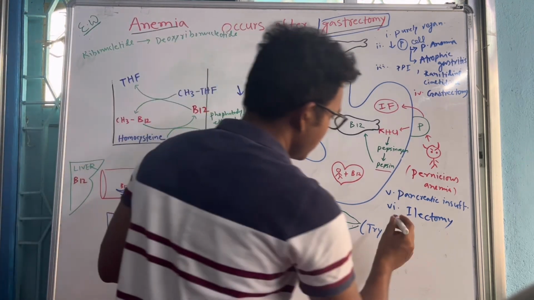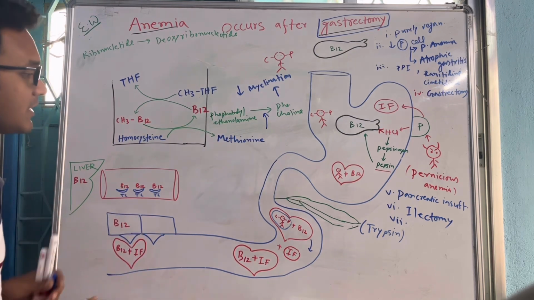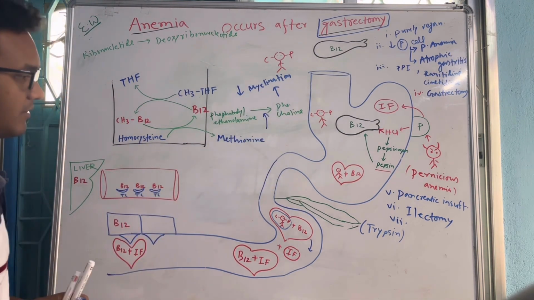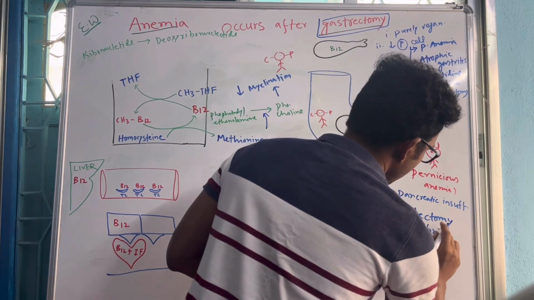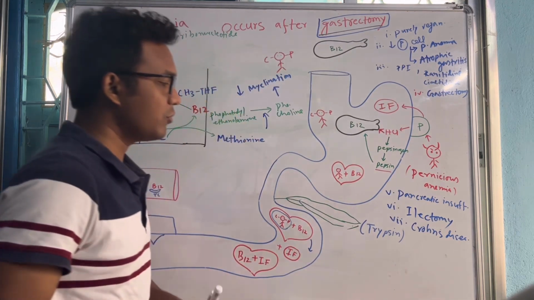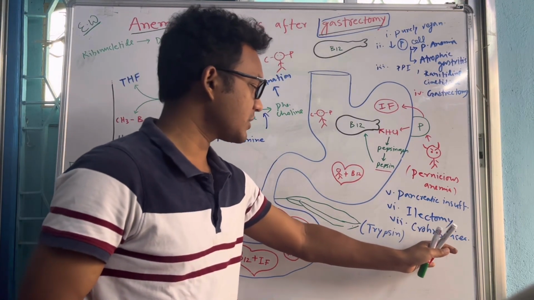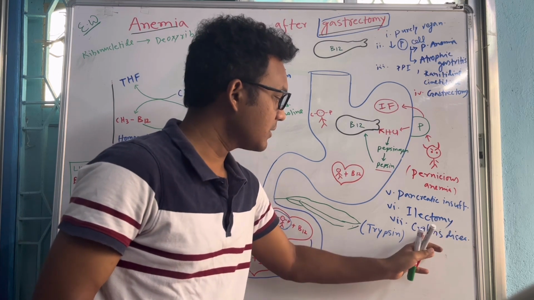Now the seventh cause: if there is inflammatory disease present inside the intestine, mainly Crohn disease. It is very difficult to know the concept here, because it will be taught in the pathology subject.